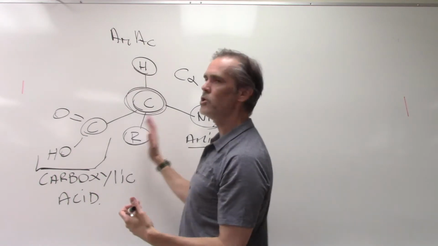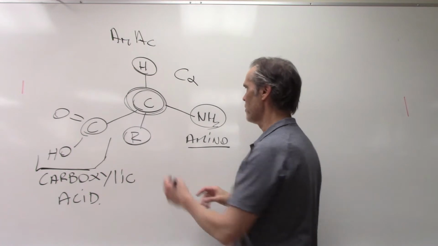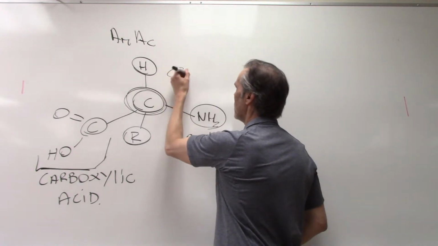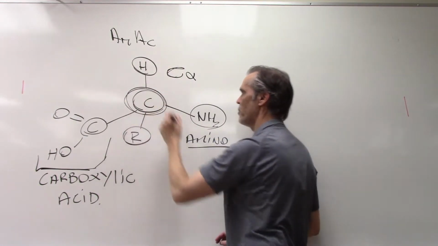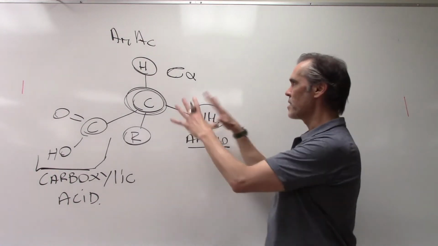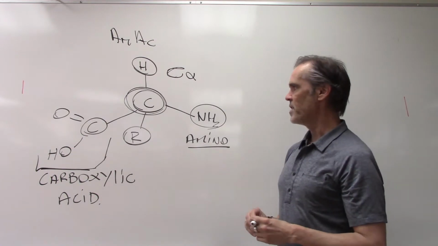You could have other denominations for this, but that's alpha right here. Alpha carbon, right here in the middle. Okay, so now you know what the basic structure of the amino acid is.